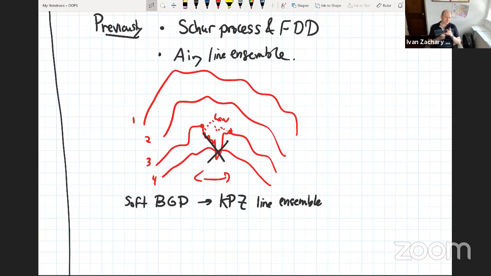So you shouldn't think that if I specify a Gibbs property, it's obvious, or something that just falls out immediately. It's not obvious that there exists an infinite volume measure which admits that.